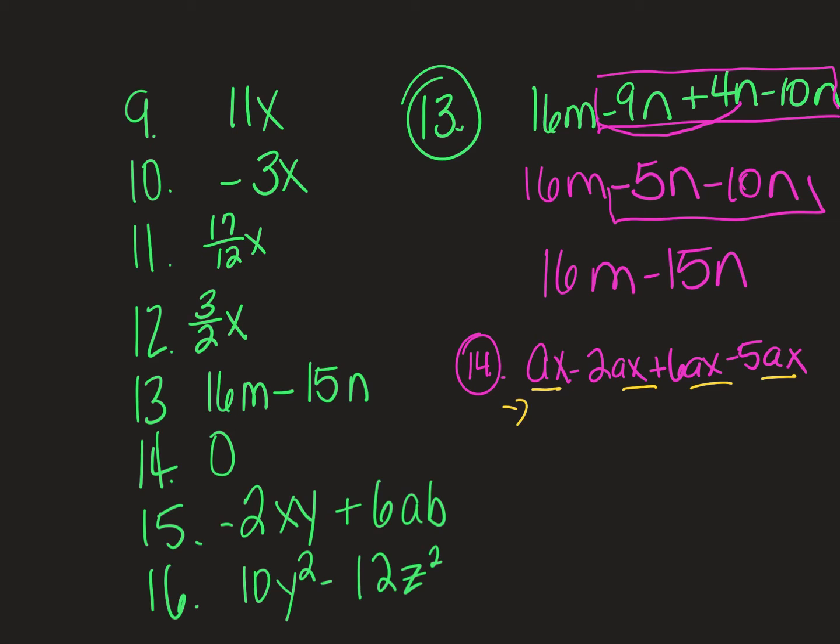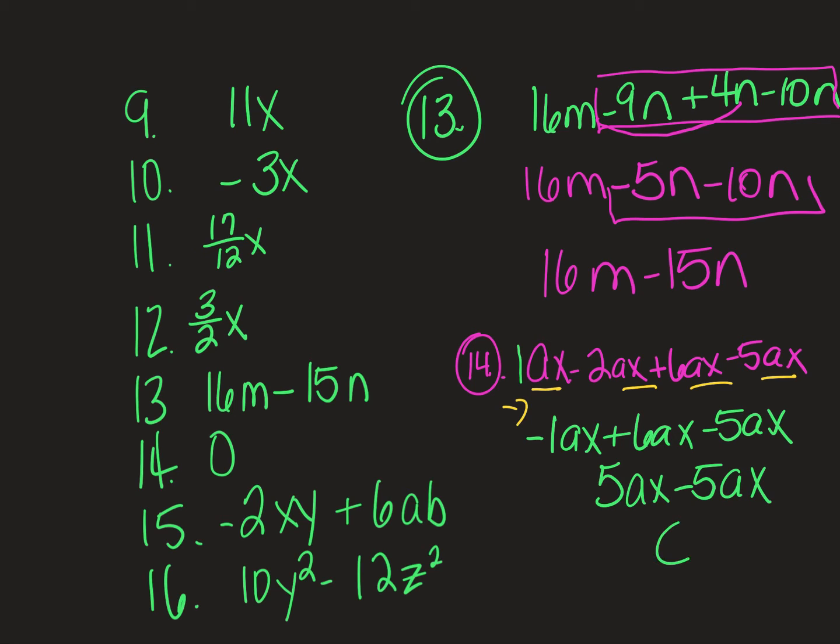Imagine you have an imaginary 1 here, right? So 1 minus 2 is a negative 1 AX, or just a negative AX. Then a negative 1 plus 5AX is a positive 4AX. Minus 5AX, and that gives you 0.